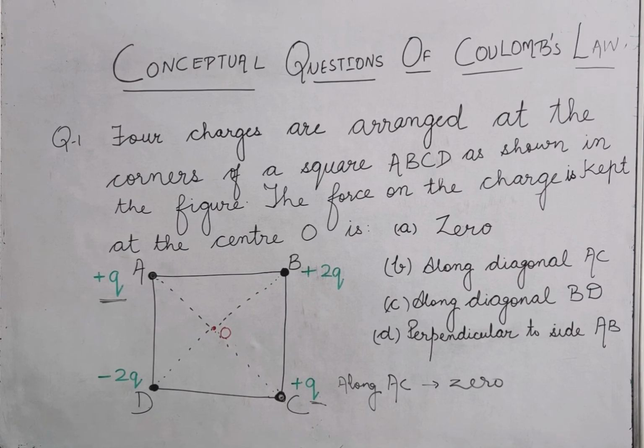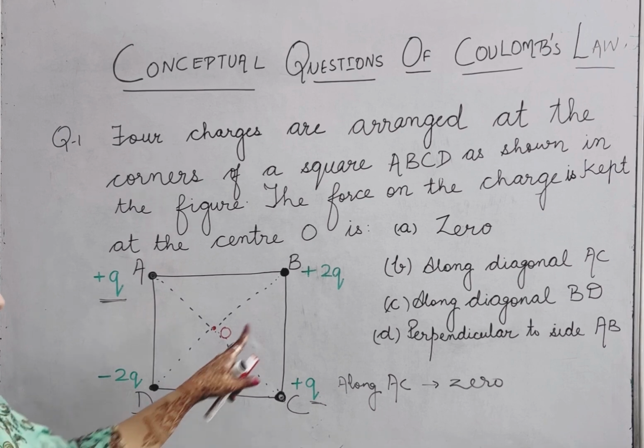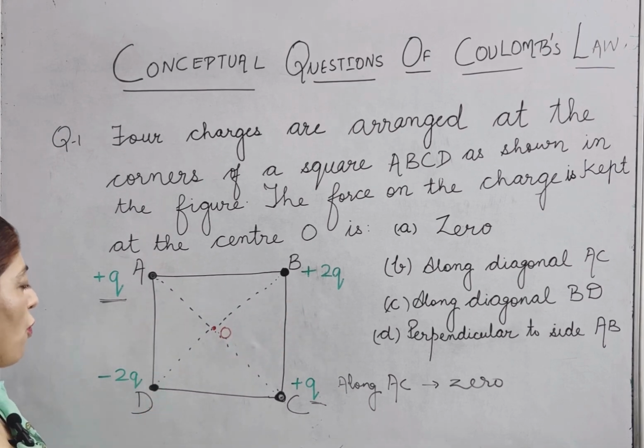Now look at the other points B and D. They are having the charges, they are equal in magnitude, but their nature is opposite. It is minus 2Q charge, and that one is the plus 2Q charge. So here point O will experience the force because of B and D. Now what will be the direction?